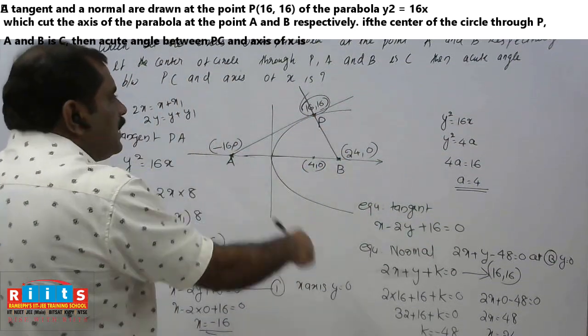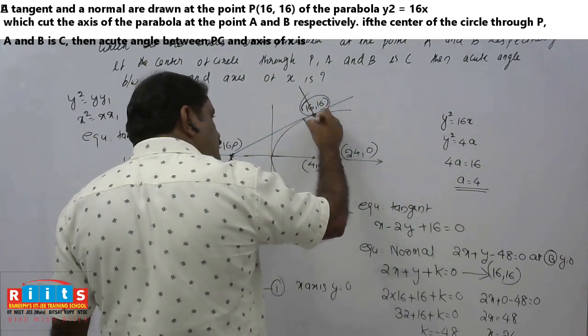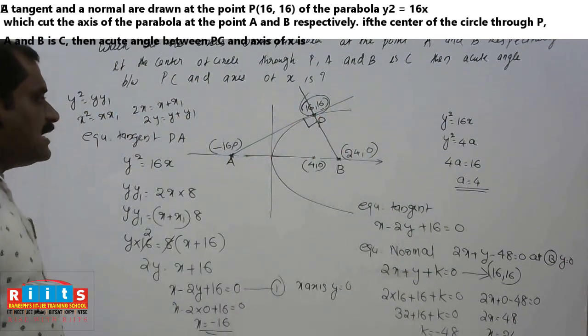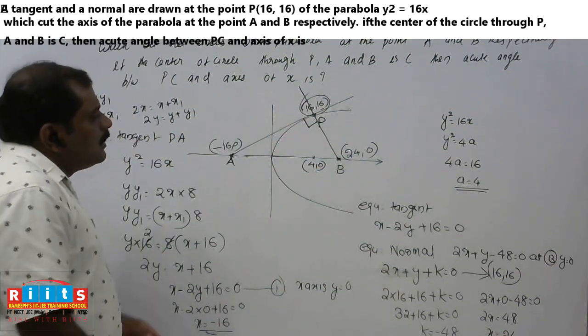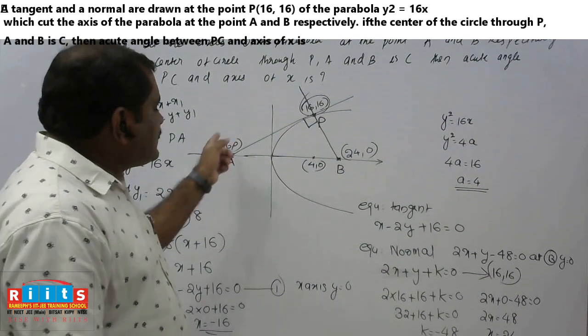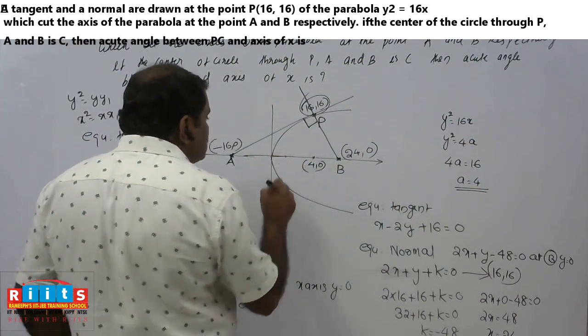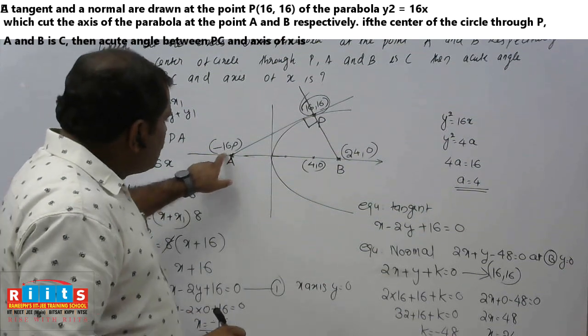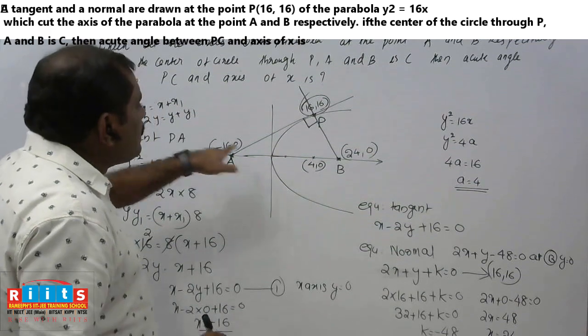We know that these coordinates are the vertices of a right angle triangle. The circumcenter of a right angle triangle is the midpoint of the hypotenuse. What is the midpoint of these vertices, (minus 16, 0) and (24, 0)?